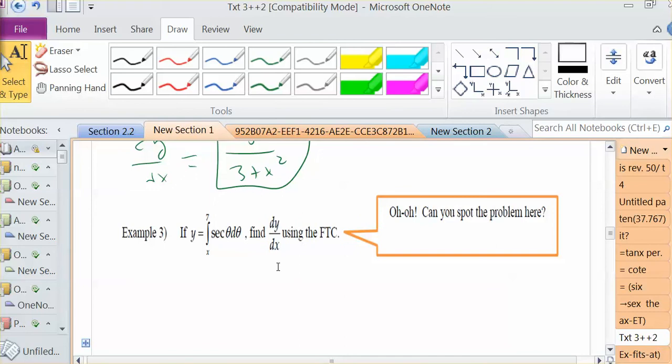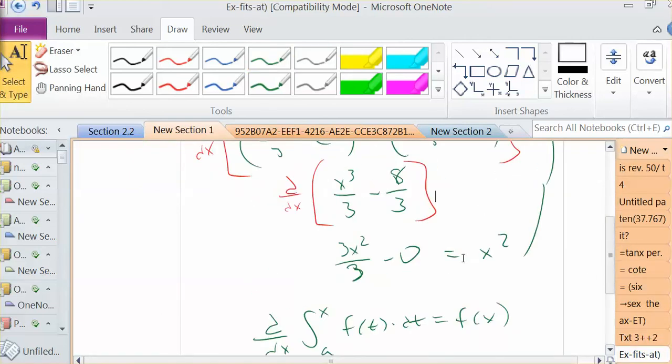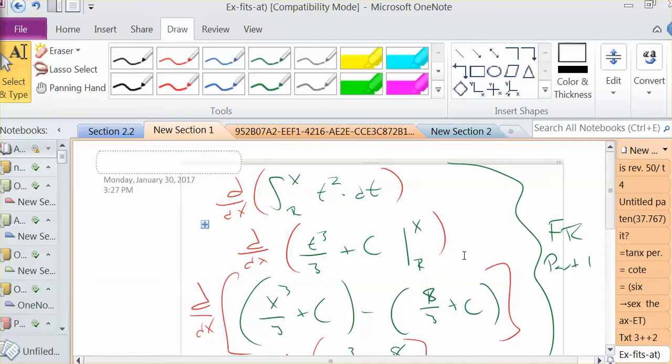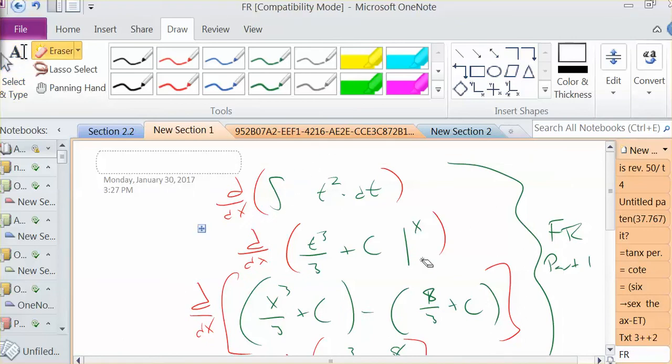Now example 3, we do see a slight problem. The upper limit is now a constant, not the lower limit. If I were to reverse the upper and lower limits here for this example I made up a little earlier, then of course you're going to have this.